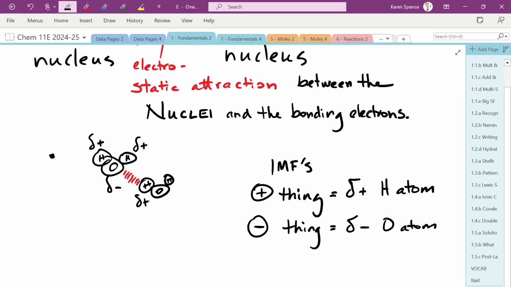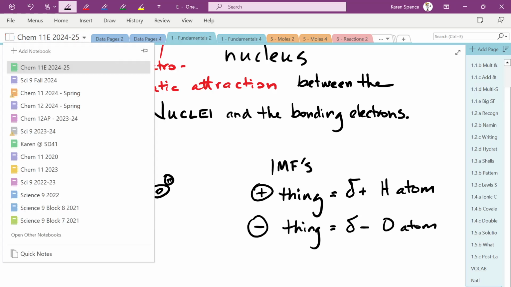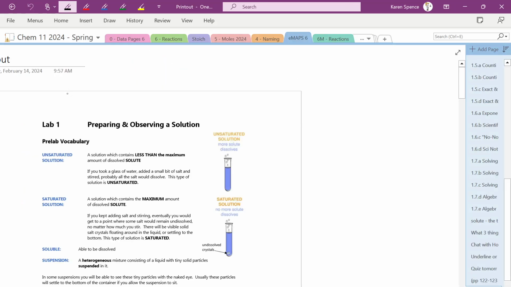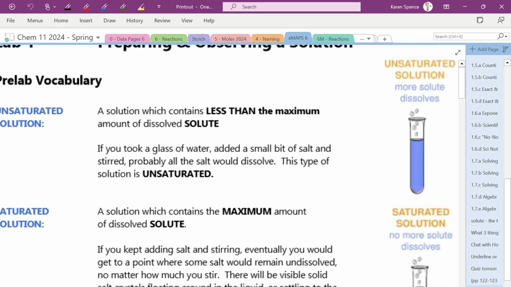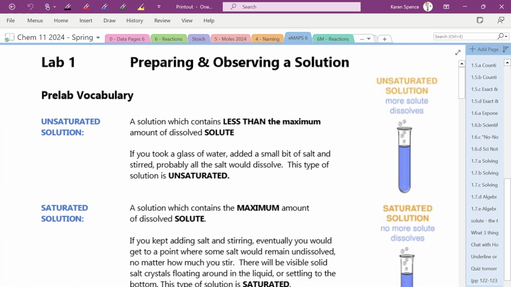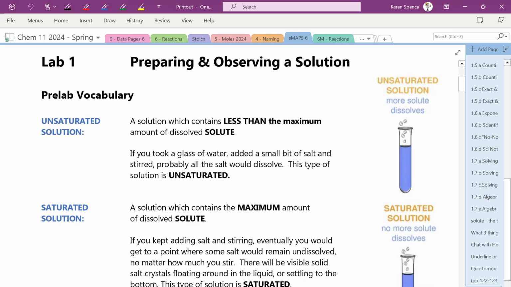Okay, what that means is that you need to make sure that you have done the pre-lab assignment, which I think is here somewhere. So here we have our pre-lab vocabulary. Have you read through this yet? If you have not read through the pre-lab vocabulary, make sure you read through it. So homework tonight.